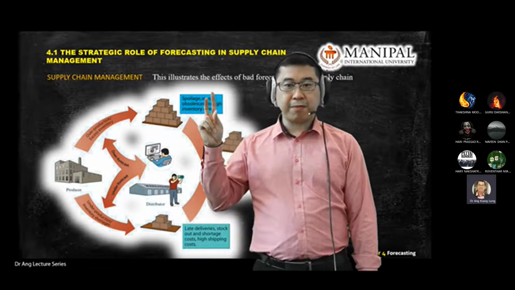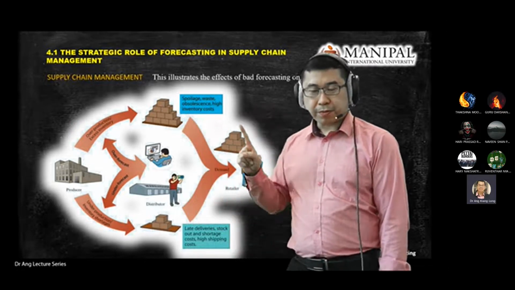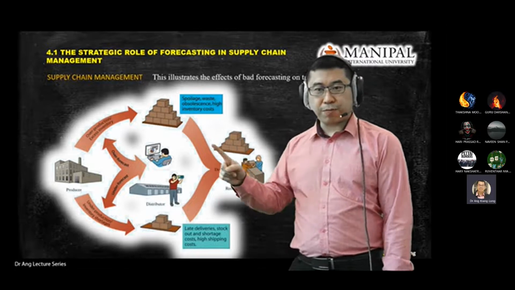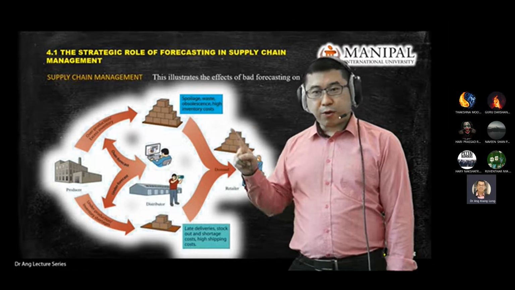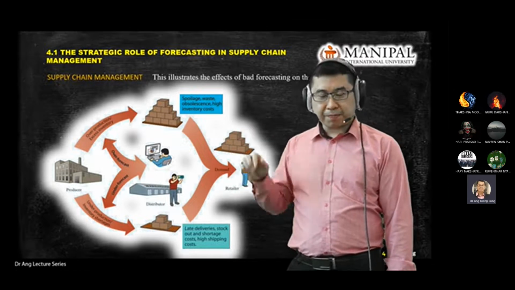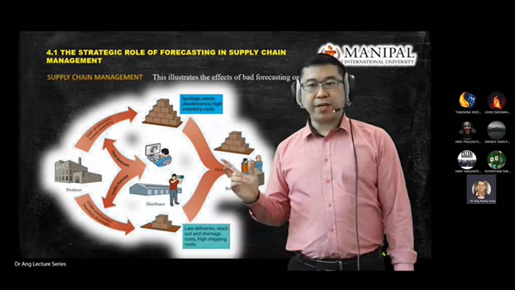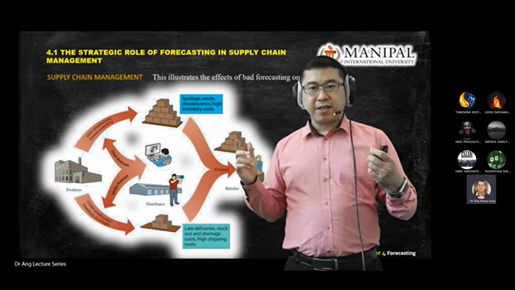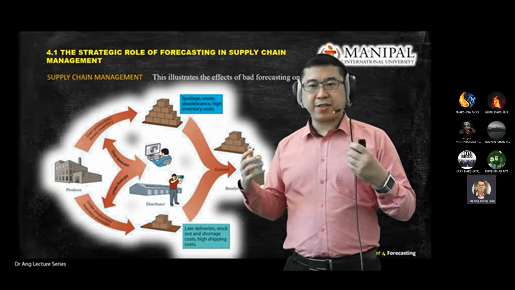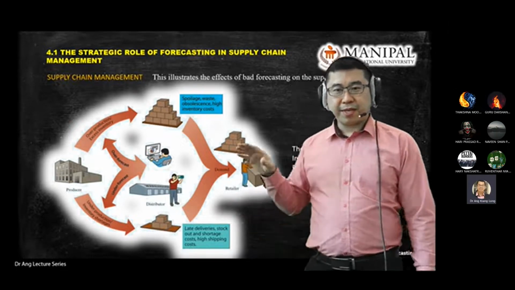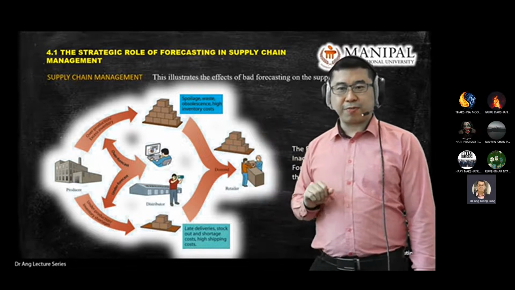So there are some losses. When it comes to the grocery store or distribution point, there will also be a piling up of inventory. Customers do not buy in very high volume, so the stock stays in the storeroom.